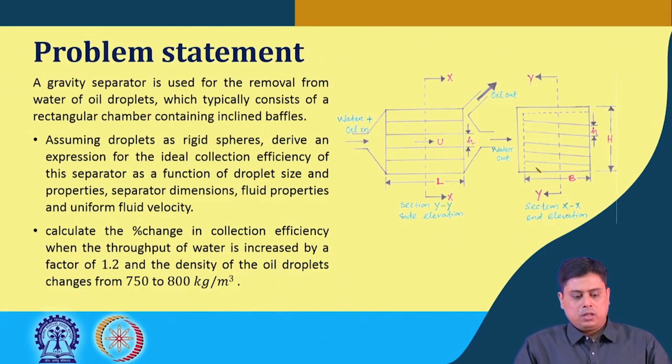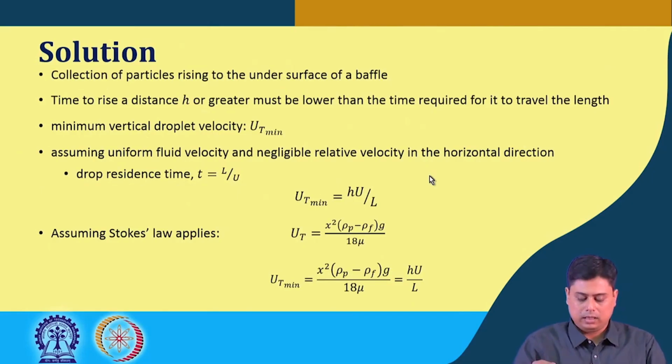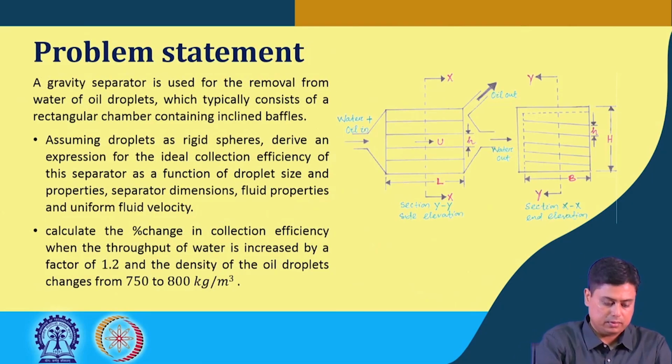To start with, let's say this is a problem that we will solve today, where it is mentioned that there is a gravity separator. It is used for removal of water and oil droplets, and typically consists of a rectangular chamber, as you can see, and inside that there are some baffles.